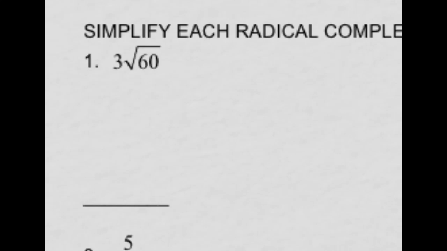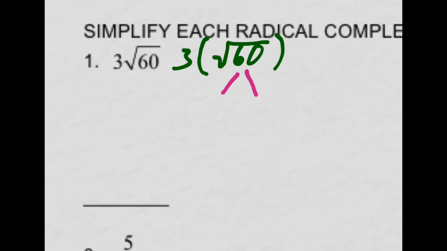We're looking at 3 times the square root of 60 in this, right? And so we're going to factor out this, and if you don't recognize any perfect squares in your radical, then go ahead and just divide by the smallest number you can.